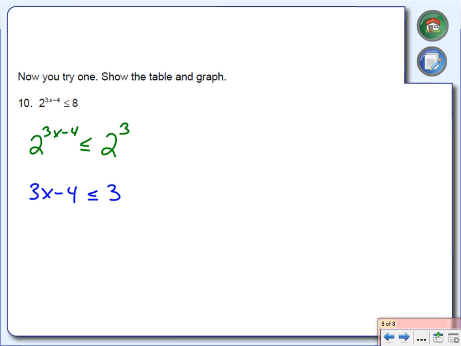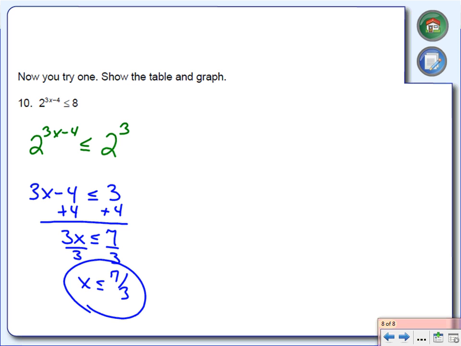So I'll add 4. 3 plus 4 is 7. Divide by 3. And we end up with x is less than or equal to 7/3. And there we have both equations and inequalities. All right, that takes care of the notes.